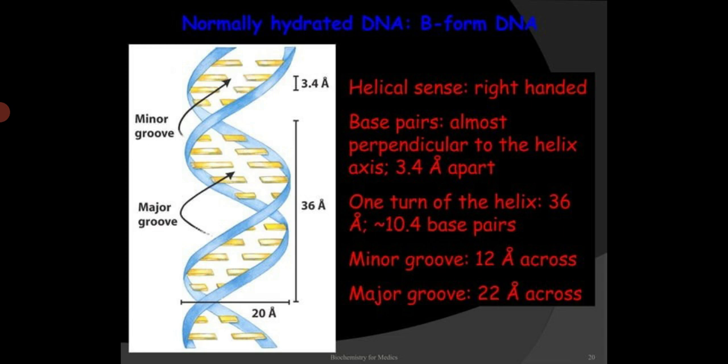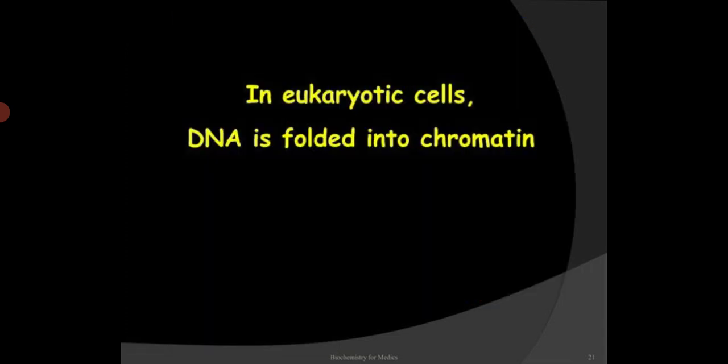One turn of a helix is 36 angstrom apart. Each turn consists of approximately 10 base pairs. The minor groove occupies a distance of 12 angstrom, whereas the major groove occupies a distance of 22 angstrom.